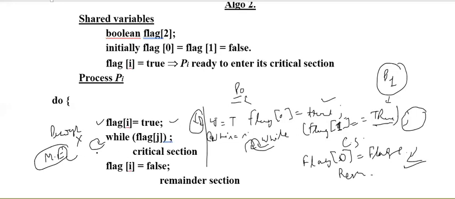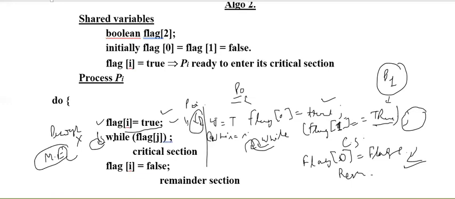What about mutual exclusion? Is this program handling mutual exclusion properly? So let's pick. Now suppose flag i becomes true, that this process is interested, and the next process has not yet arrived. So what will happen? This is true, and this process has not yet arrived.